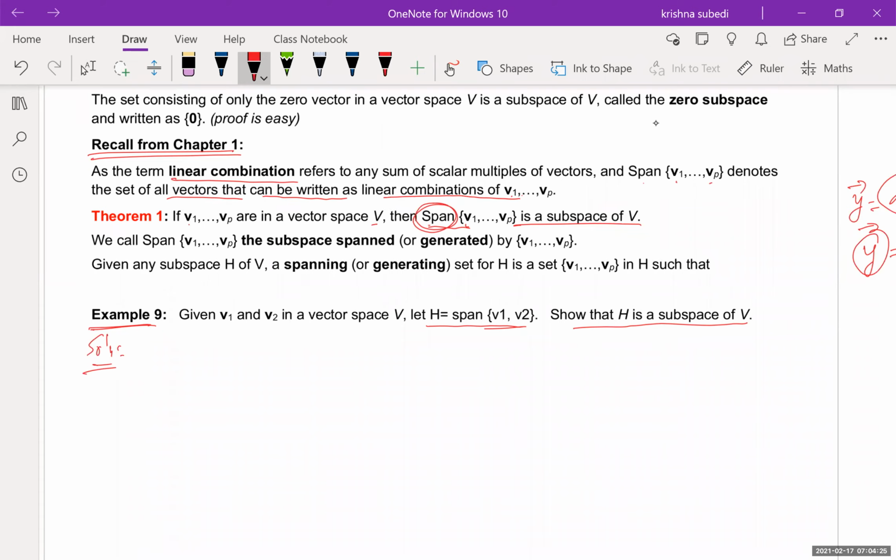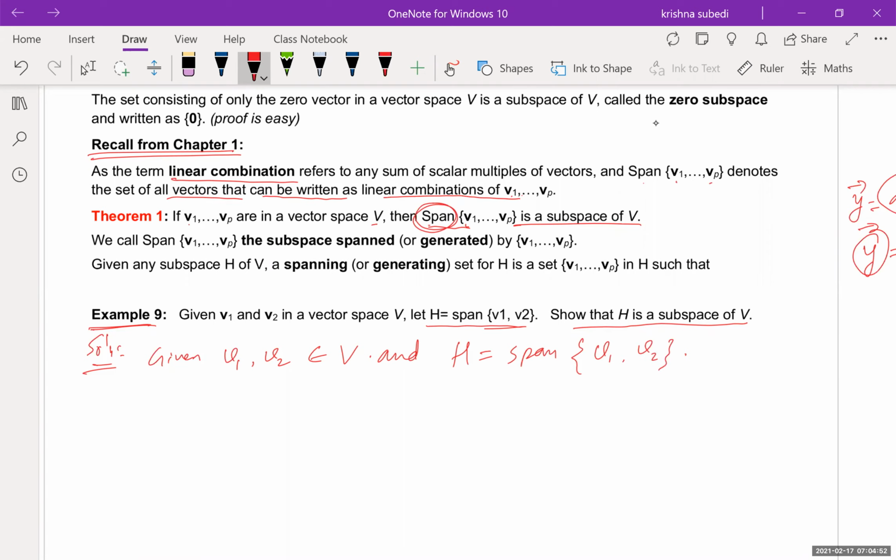Okay, let's see. Remember, V1 and V2 are vectors in V, and H is given to be the span of V1 and V2.